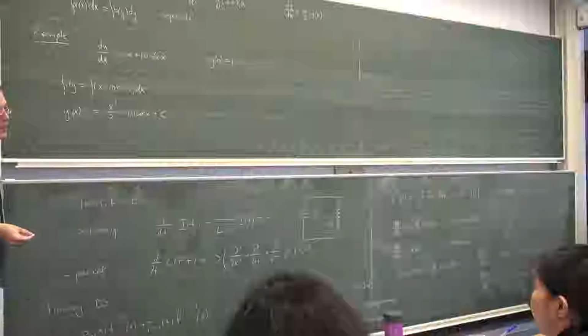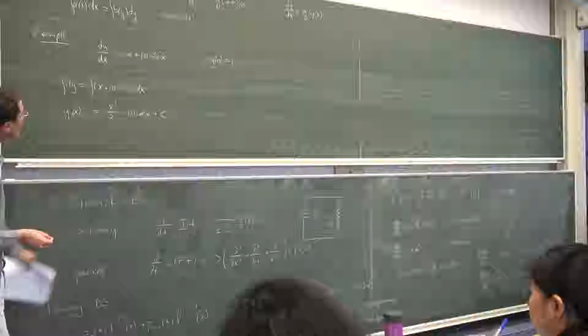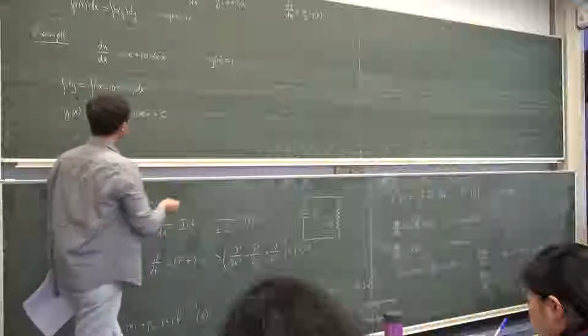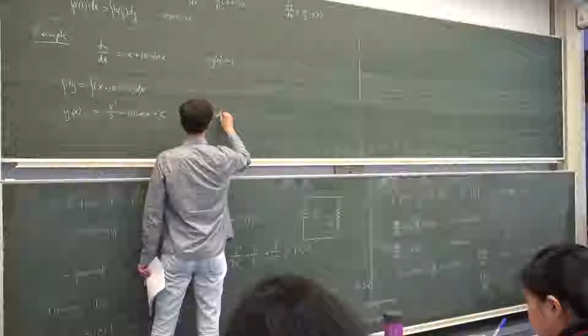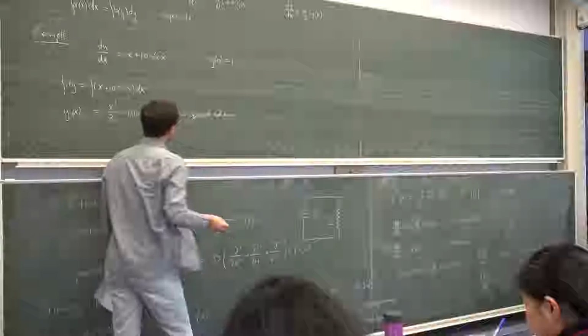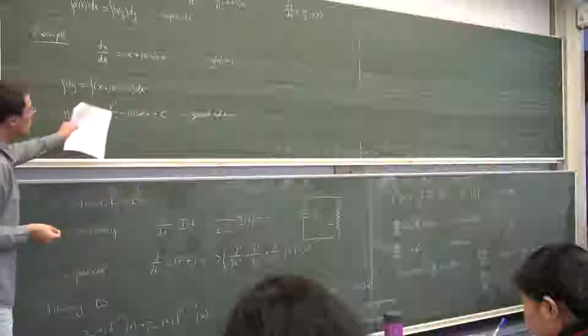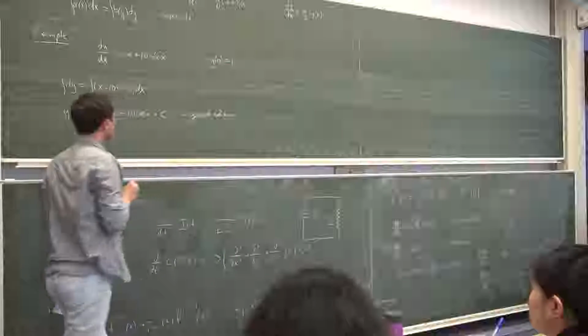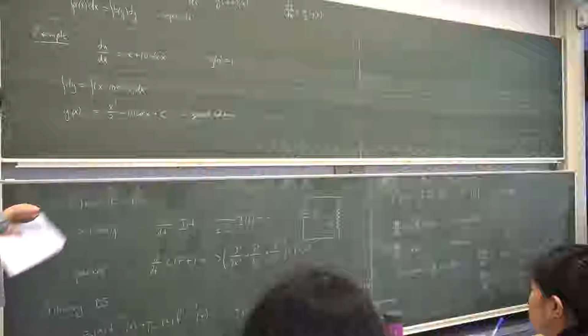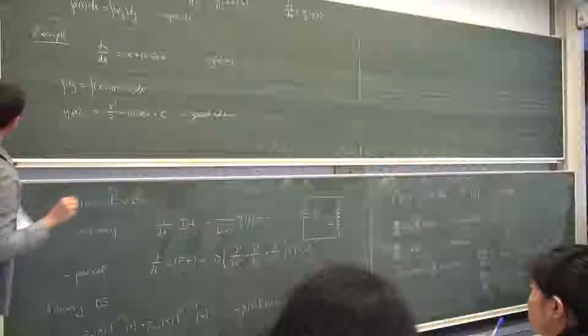A solution of this type that satisfies the differential equation and has undetermined constants is called the general solution. The solution that we obtain by actually substituting in the additional information from here is called a specific solution or particular solution.